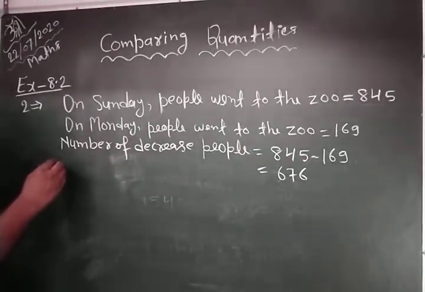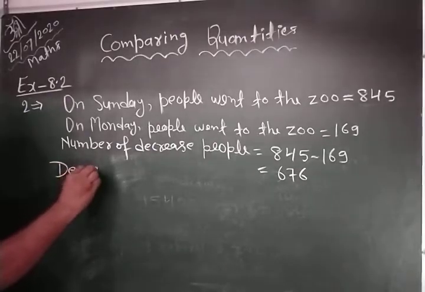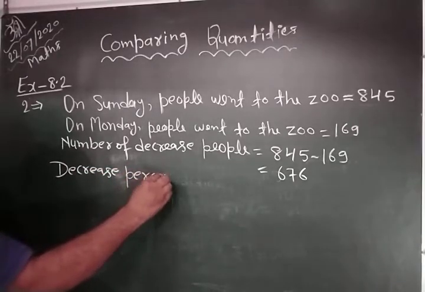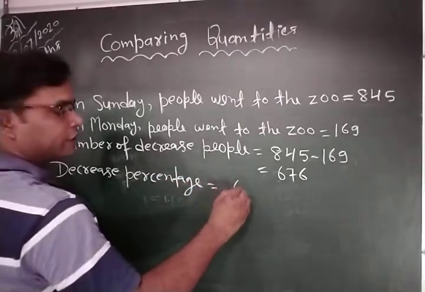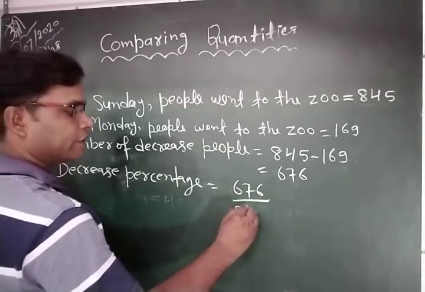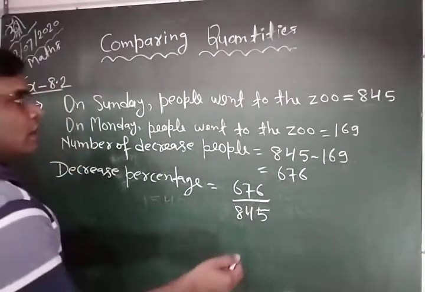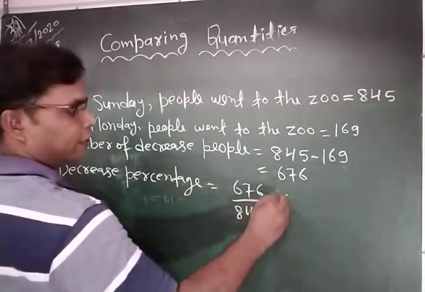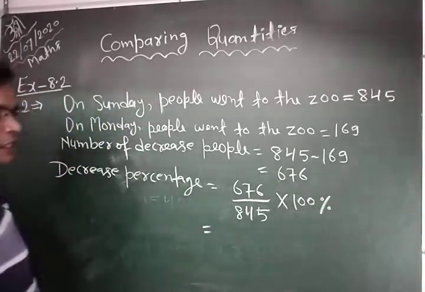So the decrease percentage is equal to 676, this is the difference between both of them, and this is 845, the number of people who reached the zoo on Sunday, into 100%. Clear? Solve this.